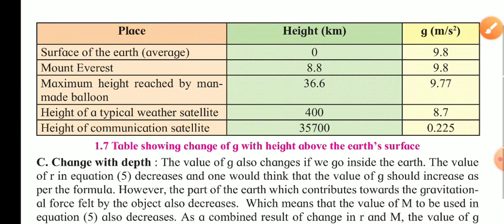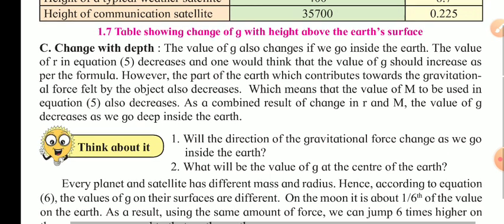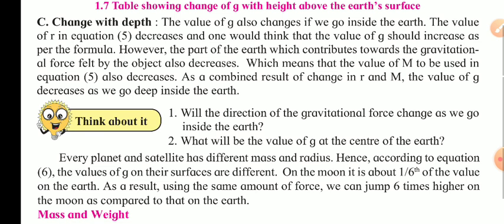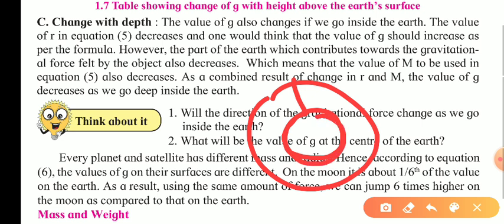The third factor which affects the gravity of the Earth is the change with depth. If we are going inside the Earth's crust, then what is expected? It is expected that the gravity will go on increasing, but that is not the case. Why is it not the case? Suppose we go inside the Earth to a certain depth, then at this particular point only this portion of Earth will be considered.